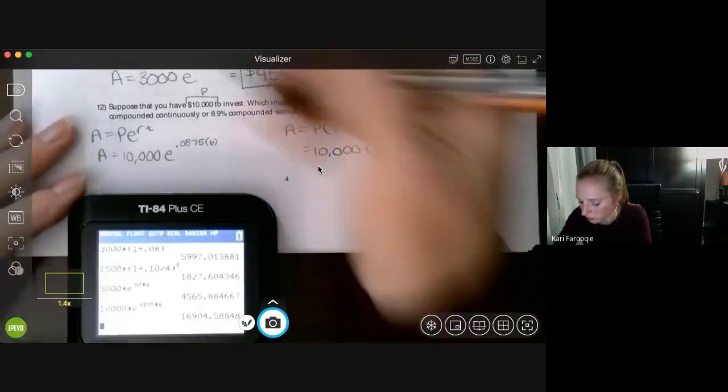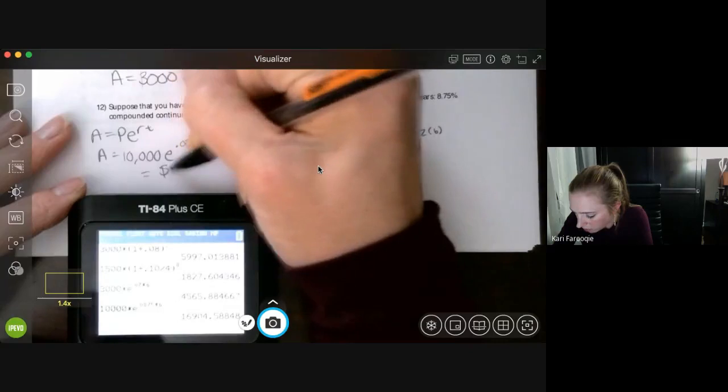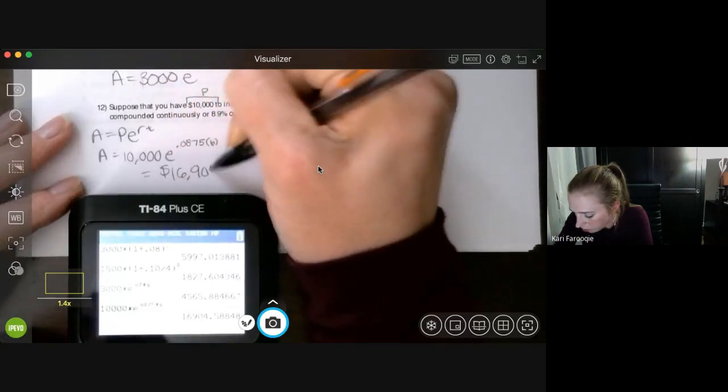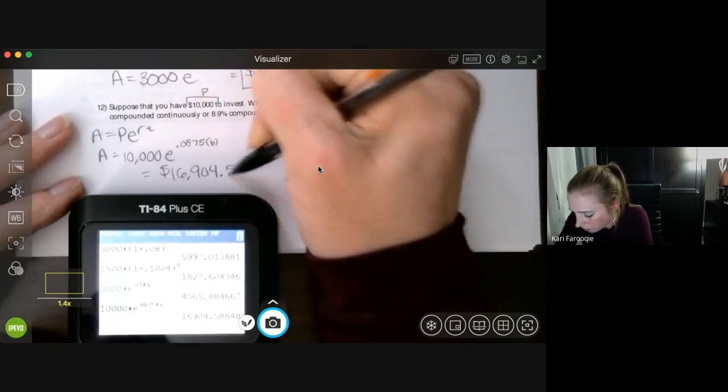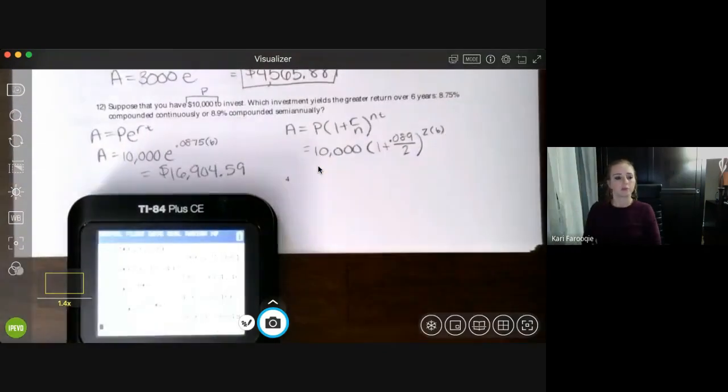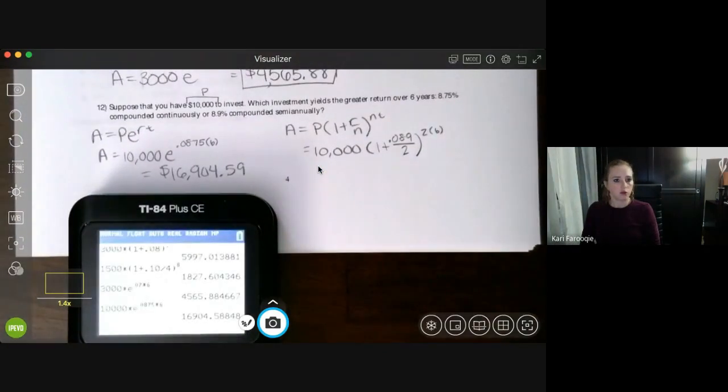And you are expecting here $16,904.59. Which makes sense. 6 years at 8.75%, it's going to yield a pretty good return.